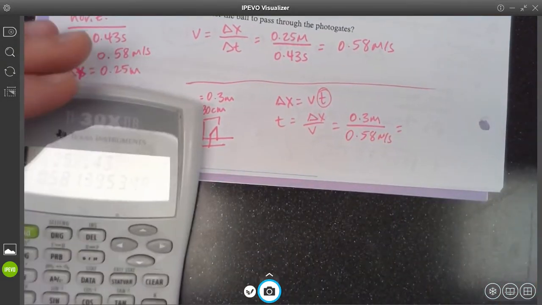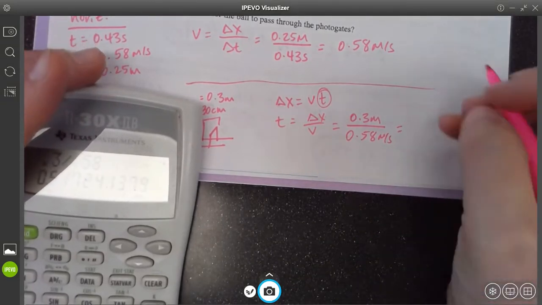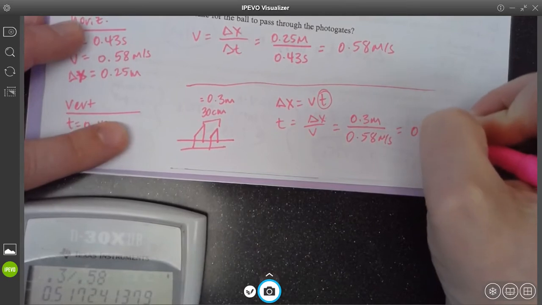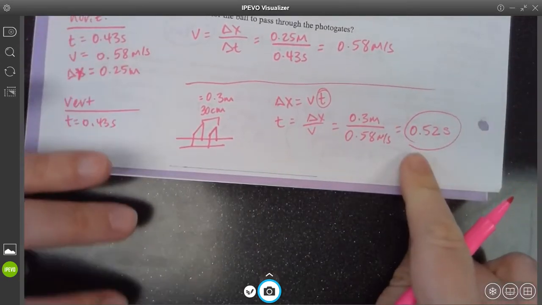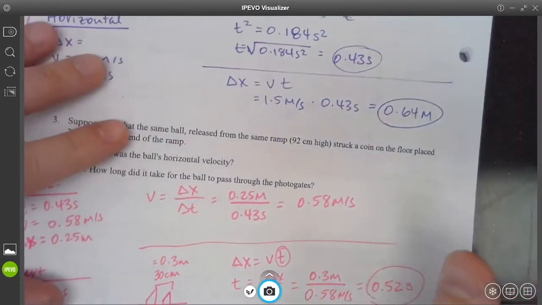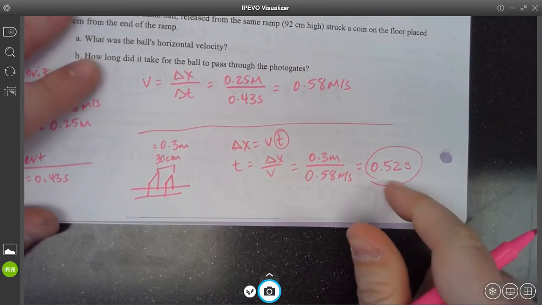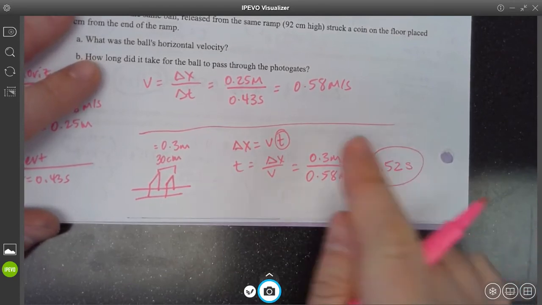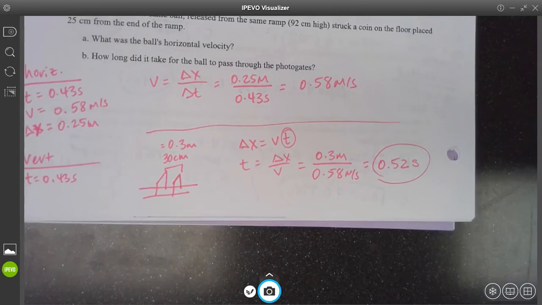We're going to end up with 0.52 seconds. So it's going to take more time for it to go through. Before, remember, it took 0.2 seconds. Now it's taking 0.5. So it takes more than twice as long for them to go through the photo gates. You guys have any questions about 2 and 3?